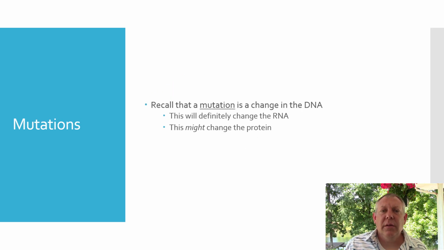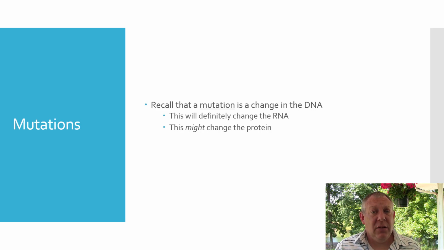Now you recall that a mutation is a change in the DNA. So we can go to any gene or any part of the DNA, and it can sometimes change. Now, if you change the DNA in a gene, you're definitely going to change the RNA. The DNA makes the RNA. You change the DNA, you change the RNA.